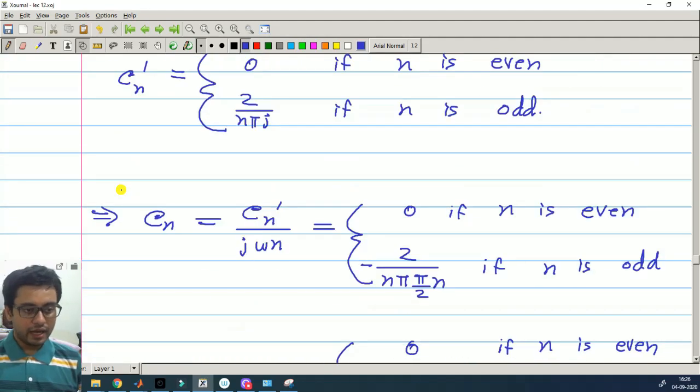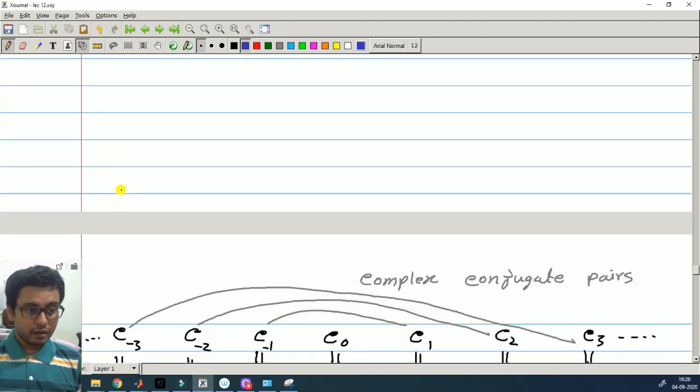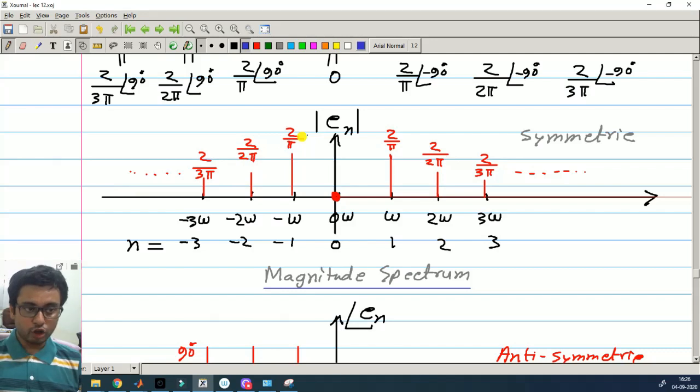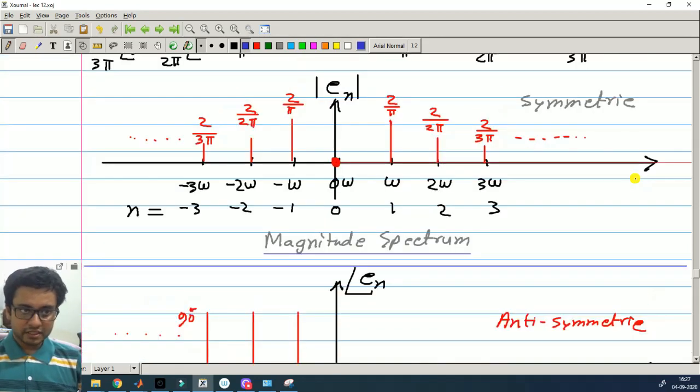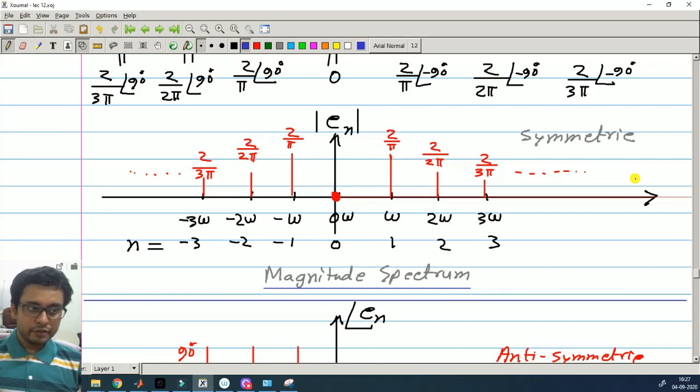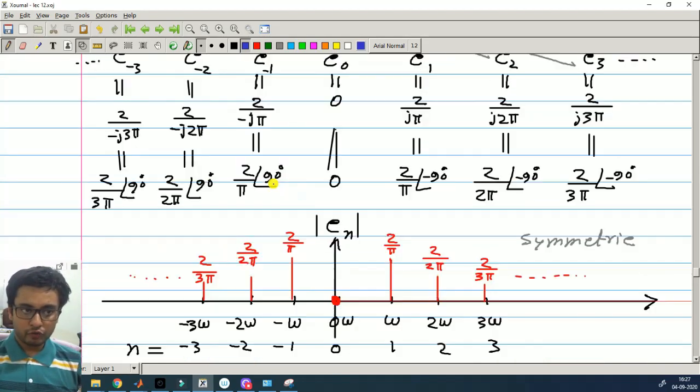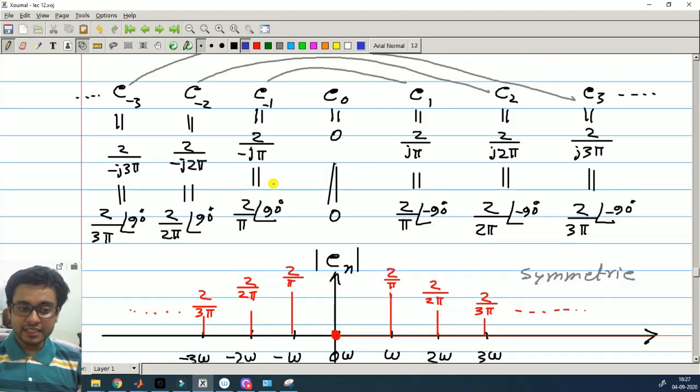And please remember, magnitude spectrum is always symmetric, phase spectrum is always antisymmetric. These graphs give us a pictorial view of what are the different harmonics present in a signal and what are their relative amounts, etc.